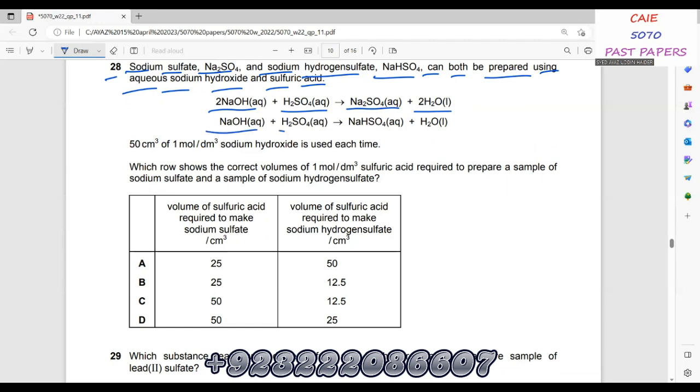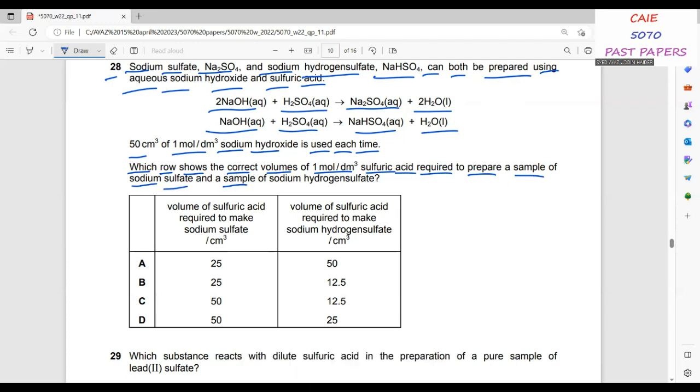NaOH aqueous plus H2SO4 aqueous gives NaHSO4 aqueous plus H2O liquid. 50 cm³ of 1 mol per dm³ sodium hydroxide is used each time. Which row shows the correct volumes of 1 mol per dm³ sulfuric acid required to prepare a sample of sodium sulfate and a sample of sodium hydrogen sulfate?